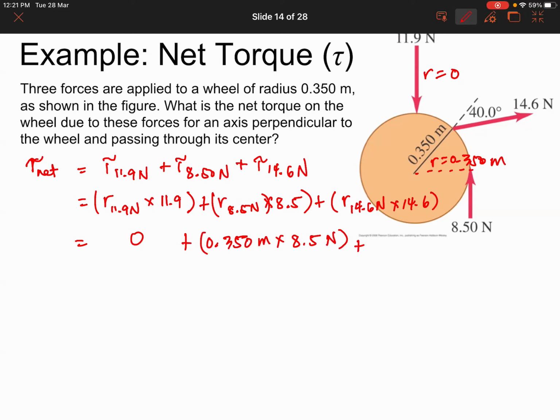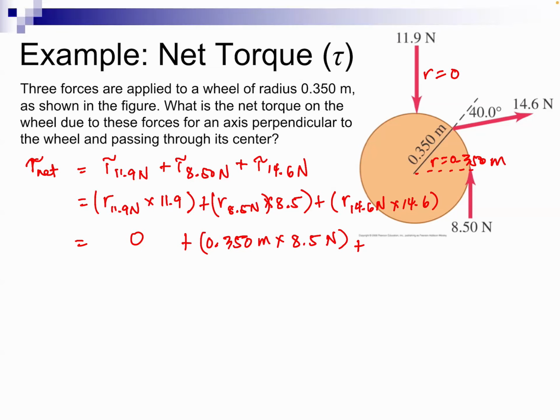Plus the moment arm here, we've extended this, and this is the moment arm. This will be 0.35 sine 40 degrees times the force 14.6 newtons. That's in meters.